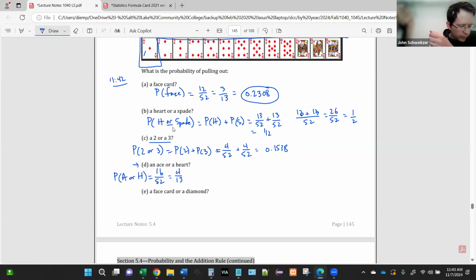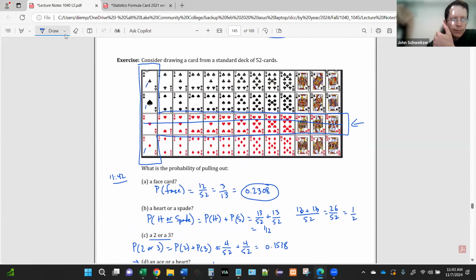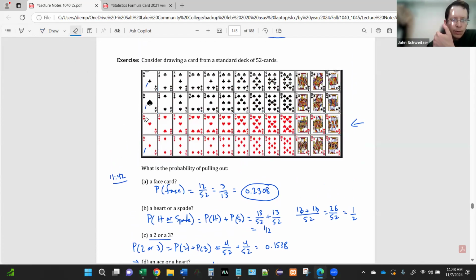Now, let's go ahead and use the formula just to practice with that formula a little bit here. The thing that makes this complicated, not really difficult, is that ace and heart are overlapping events, right? You can get an ace and a heart. It's right here.